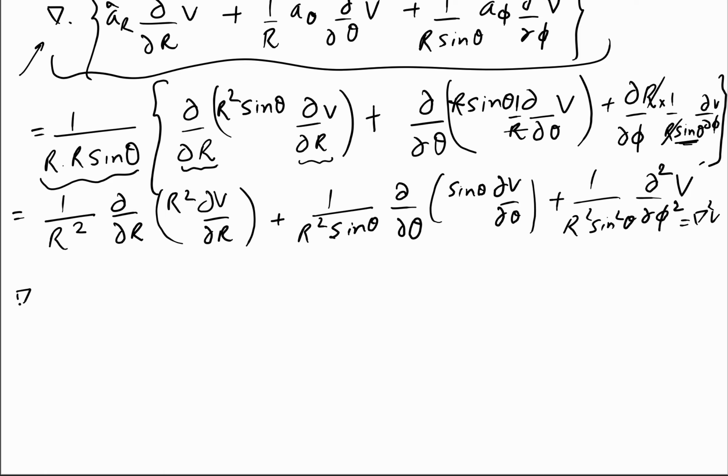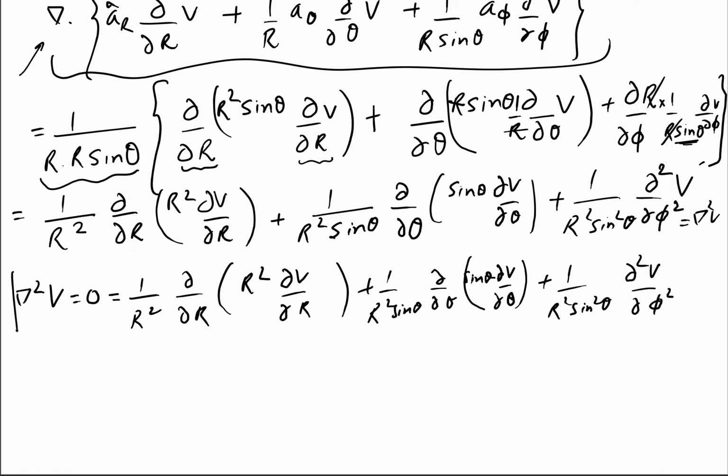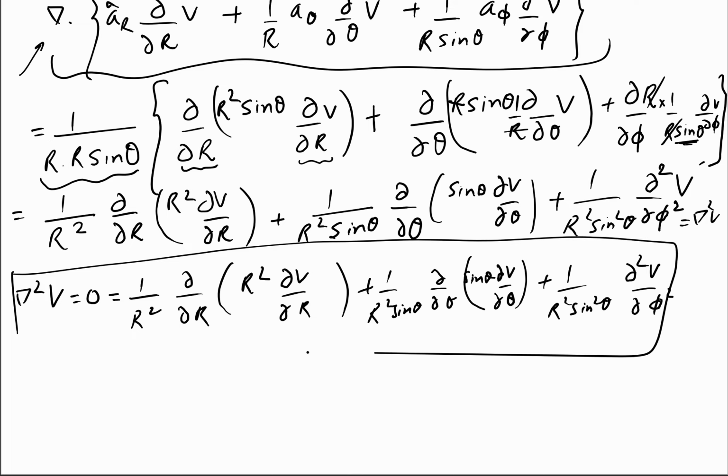So we can write it as, for Laplace, del square v is equal to 0 is equal to 1 by r square dou by dou r of r square dou v by dou r, plus 1 by r square sine theta dou by dou theta of sine theta dou v by dou theta, plus 1 by r square sine square theta dou square v by dou phi square. So in this way we have derived this Laplace equation in spherical coordinate system.